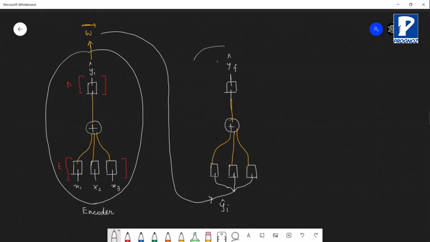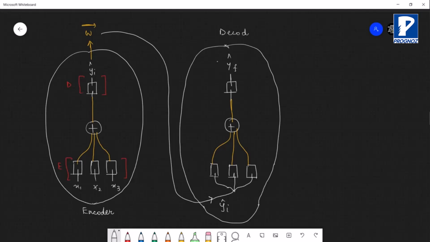Again, this entire thing is your decoder part. Fine.